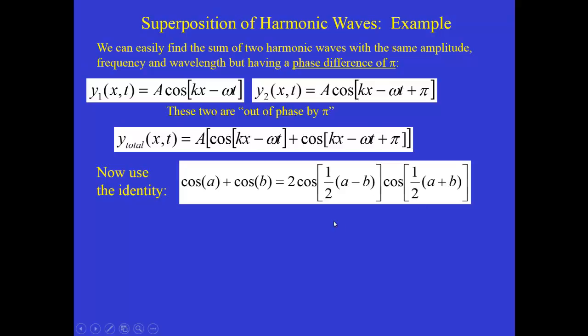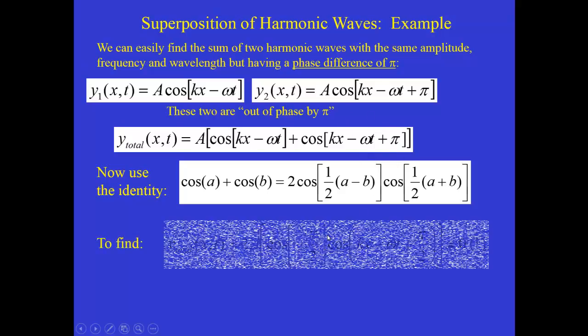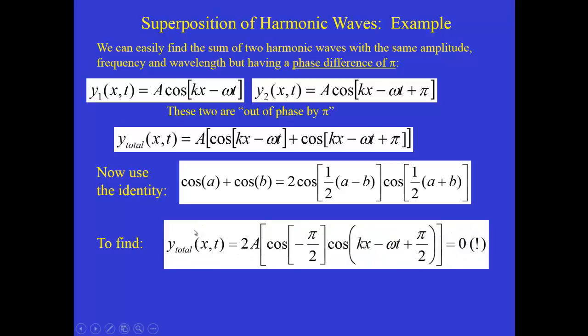And so if we do this, where little a is the term kx minus omega t, and little b is the term kx minus omega t plus pi, when we simplify this, we end up with the net wave that has an amplitude 2A, and then it's got cosine of negative pi over 2, and finally cosine(kx minus omega t plus pi over 2).